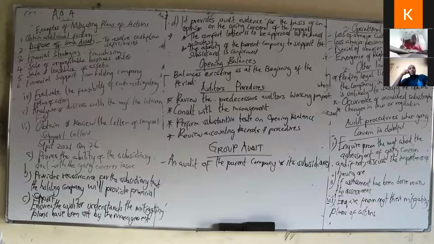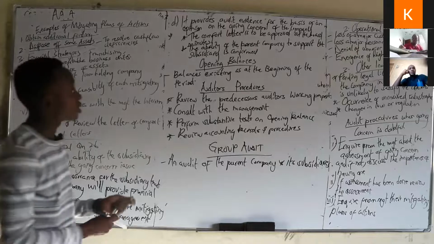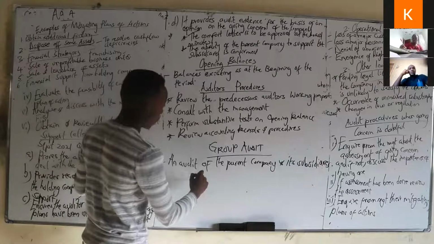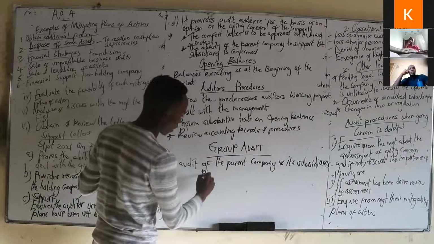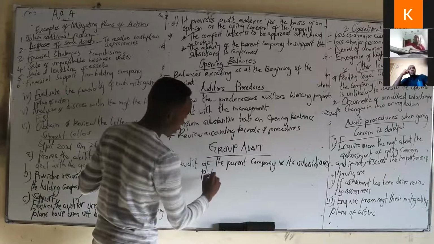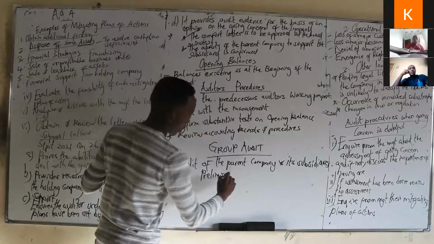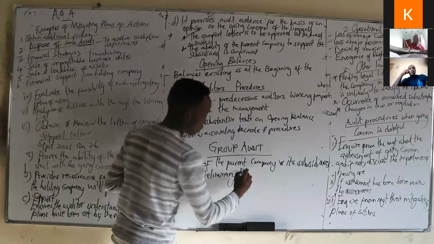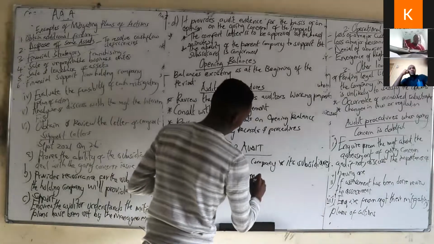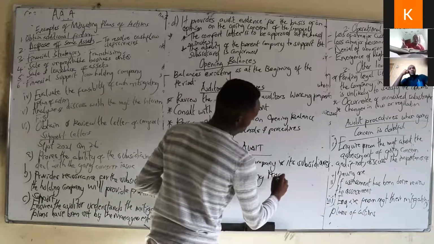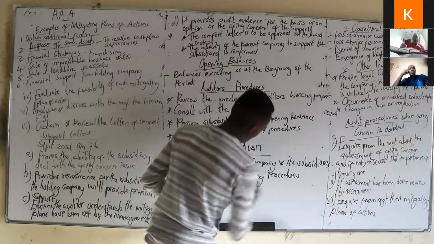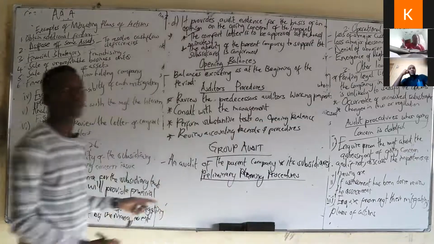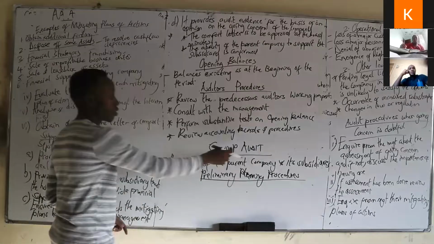So one thing that you have to know is that you have to come up with what we call the preliminary planning procedures of a group audit. These are the procedures that you are to undertake before conducting this group audit.